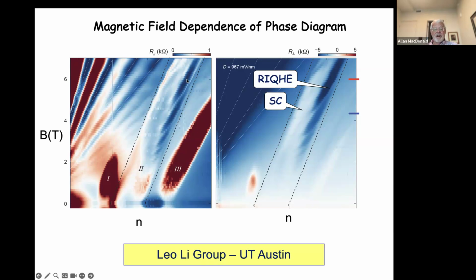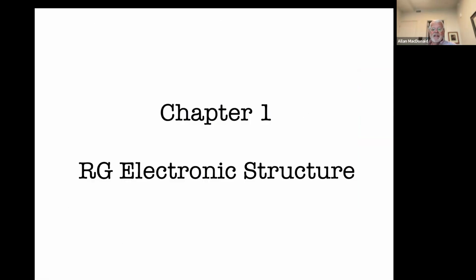But at higher carrier density, there are unusual quantum Hall effects where the Hall quantum number, Leo finds, is not equal to the filling factor. And nearby, there are states where the resistance drops to very low values at low temperature, apparently superconducting states. And that's what I'll talk about.